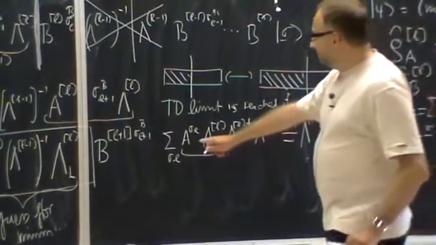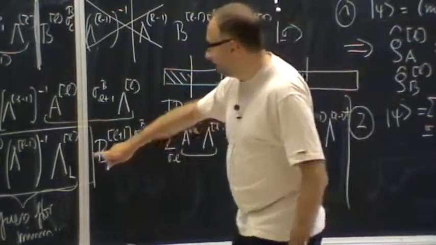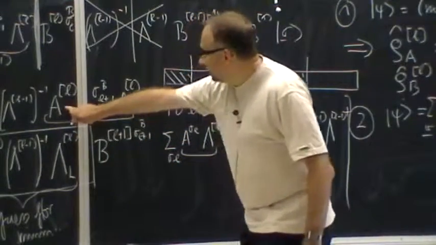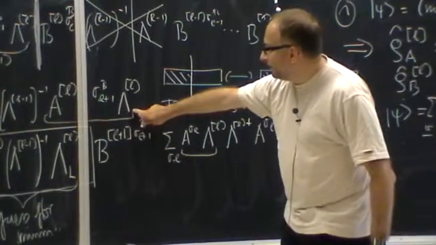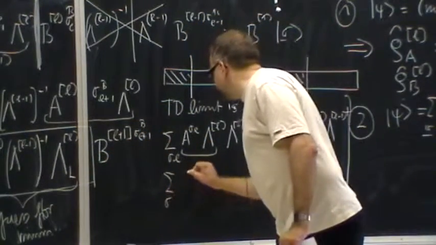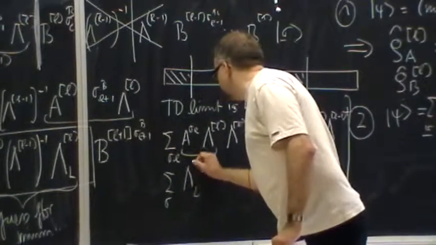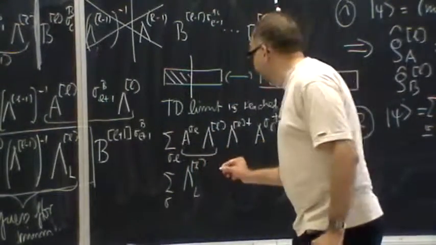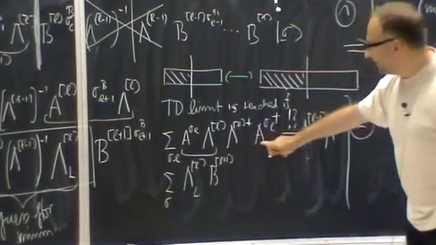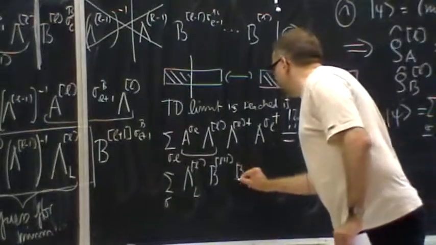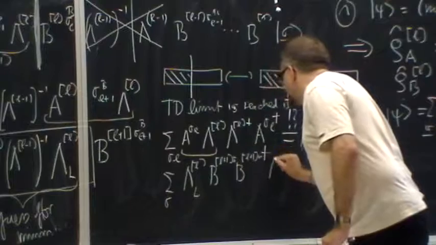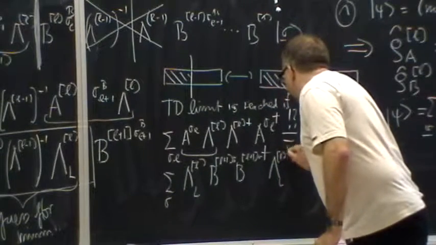But what I can do to this relationship now is the typical trick which I used here. Where is it? Here. I can transform an A lambda to a lambda B. So what I can write is lambda L, which I already know, B L plus 1. And on the right-hand side I get the same thing daggered: B L plus 1 sigma dagger, lambda L dagger.